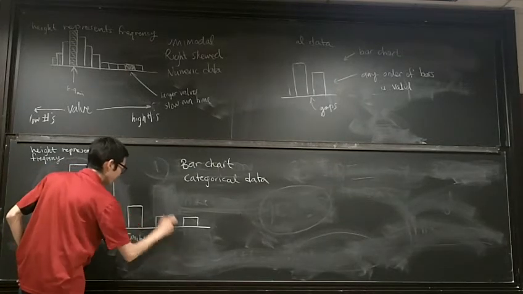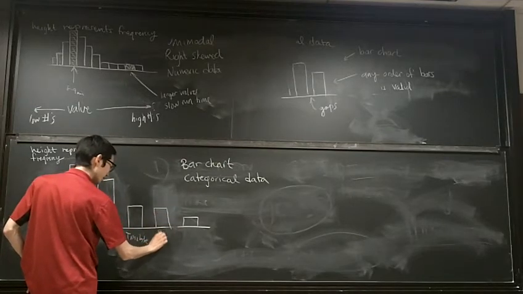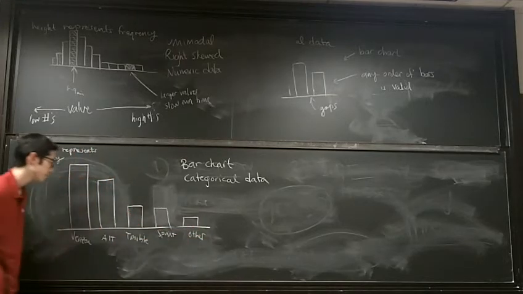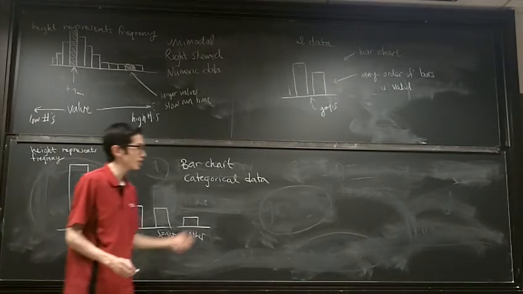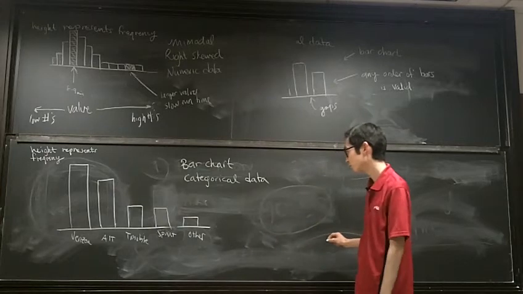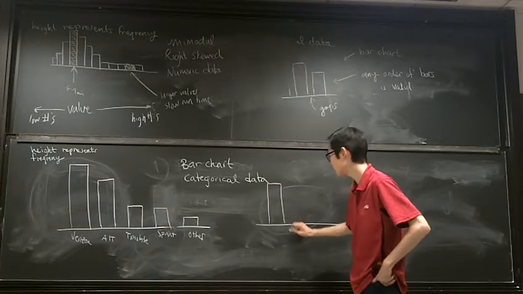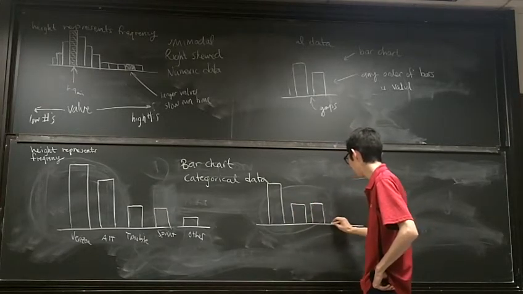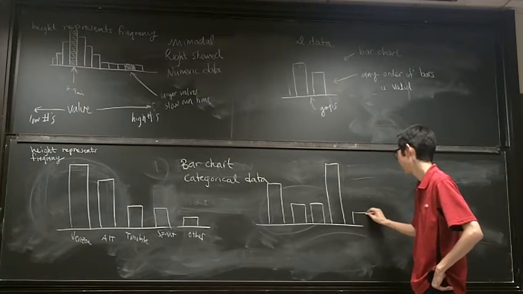And then Sprint or something, and then this would be some other, right? Okay. So it looks like it goes like this, but the order of the bars doesn't matter. I could go alphabetical order, and I would go AT&T, Sprint, T-Mobile, Verizon, and then other.